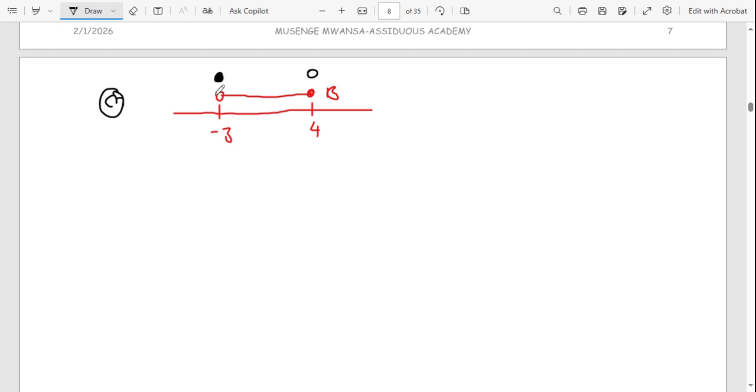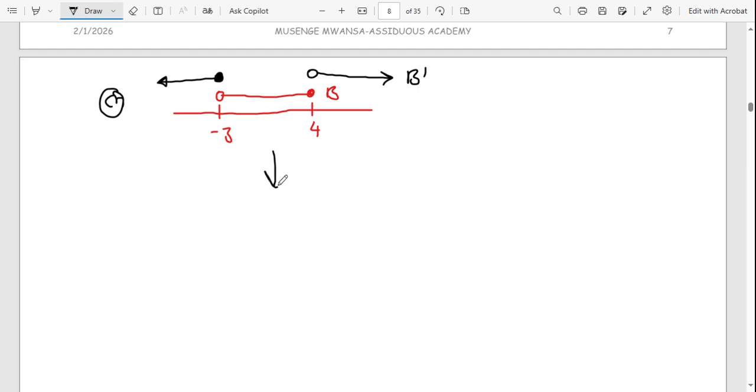In other words, negative 3 is not part of B, so it will be outside B. 4 is in B, so it can't be outside B. So because I want a complement, I'll write an arrow going in this direction and an arrow going in this direction, because that's where we have got the elements that are outside the set B. So what I've written there is B complement.